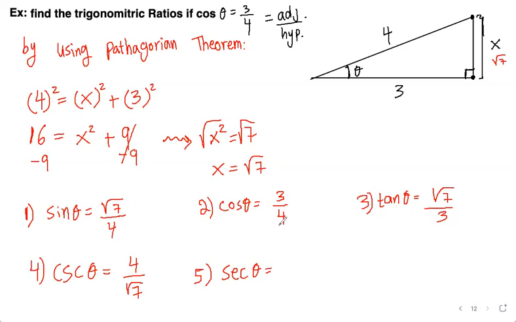It's easy now. Number 6, cotan of theta: 3 over the square root of 7. Correct. This is what you should know about trigonometric ratios.